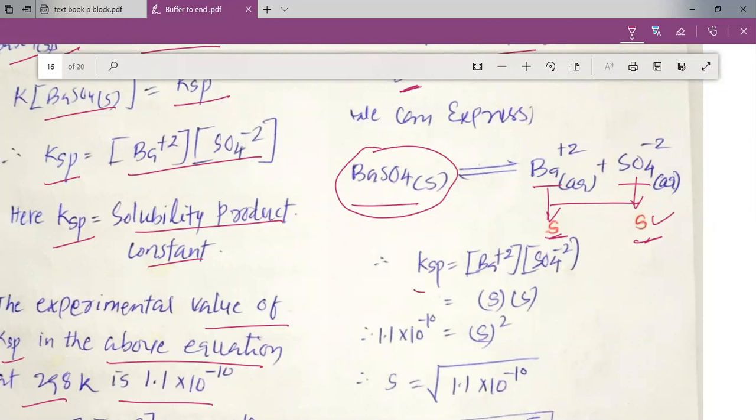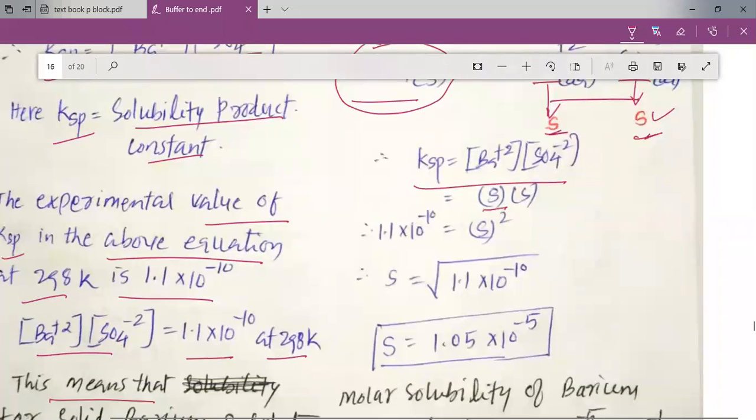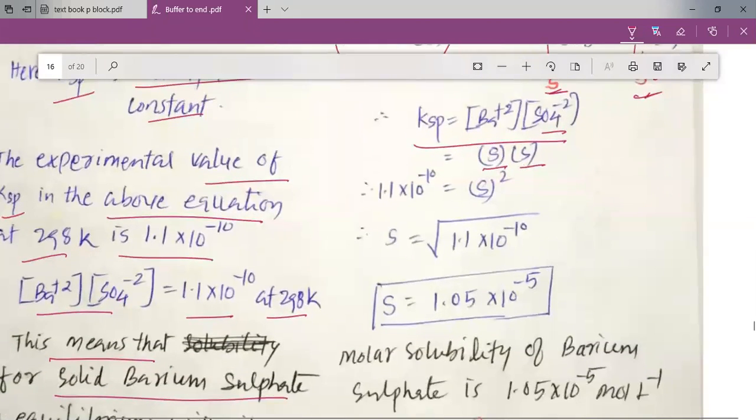Therefore, we are well aware that KSP is equal to the concentration of Ba plus 2 multiplied by the concentration of SO4 minus 2. The concentration of Ba plus 2 is equal to S, the concentration of SO4 minus 2 is equal to S, and therefore KSP is equal to S square. But, my dear students, the value of KSP is equal to 1.1 into 10 to the power minus 10.